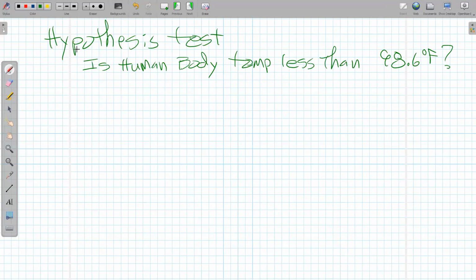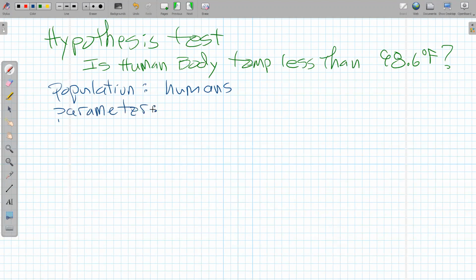Now, when you make a hypothesis test, you have to reference a parameter and a population. So my population here is all humans. And the parameter of that population, the thing I'm trying to measure, trying to estimate, would be the average body temperature. And it's an average, so it gets the symbol mu.